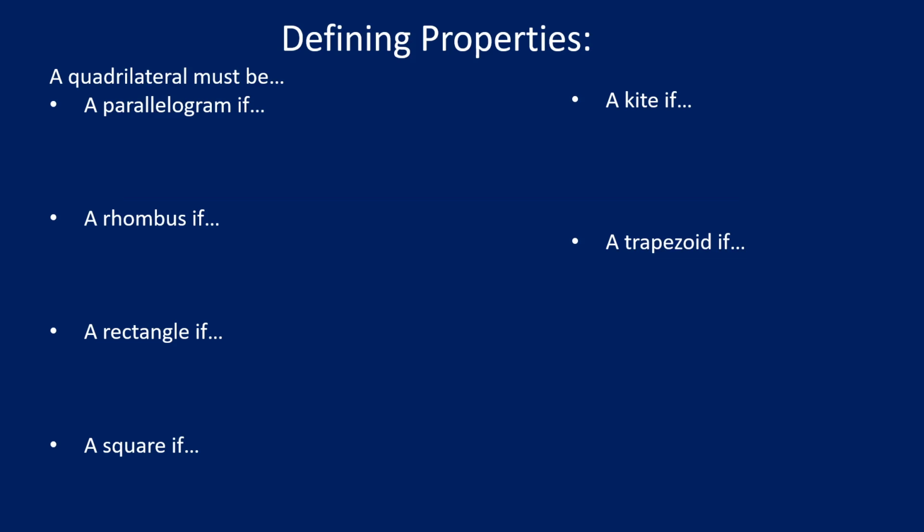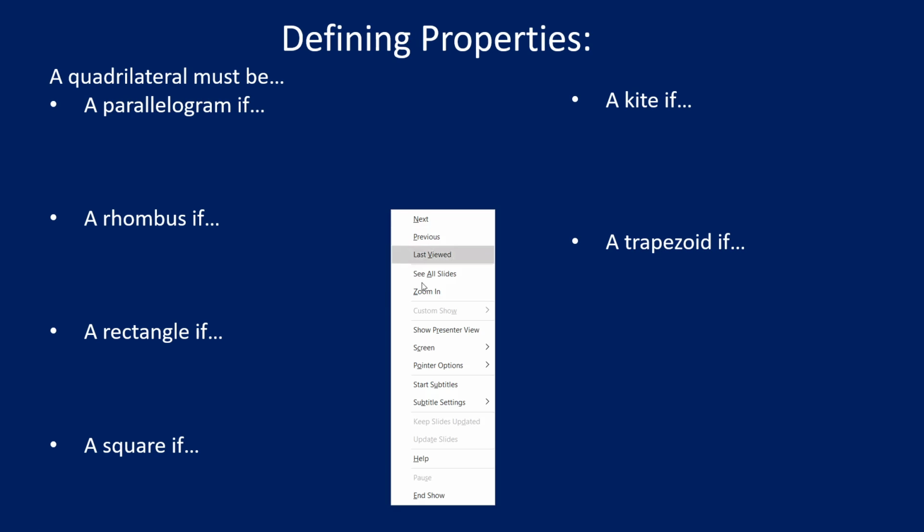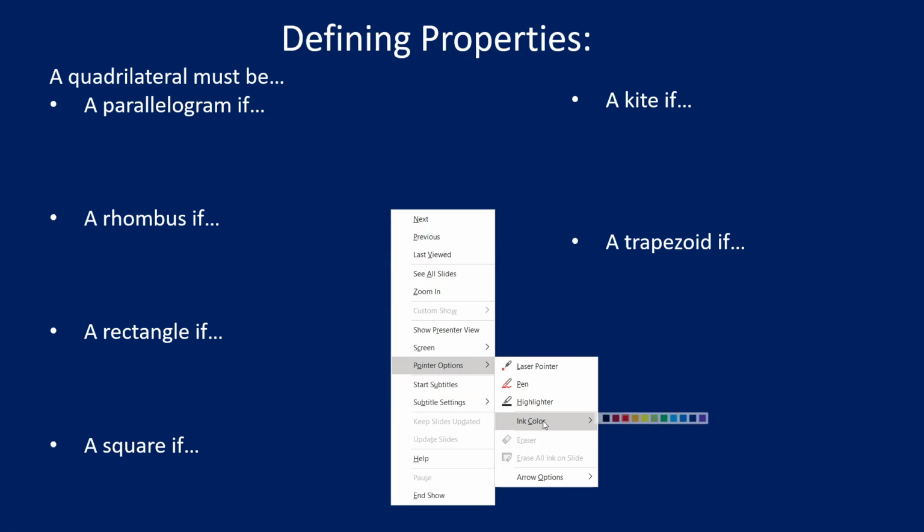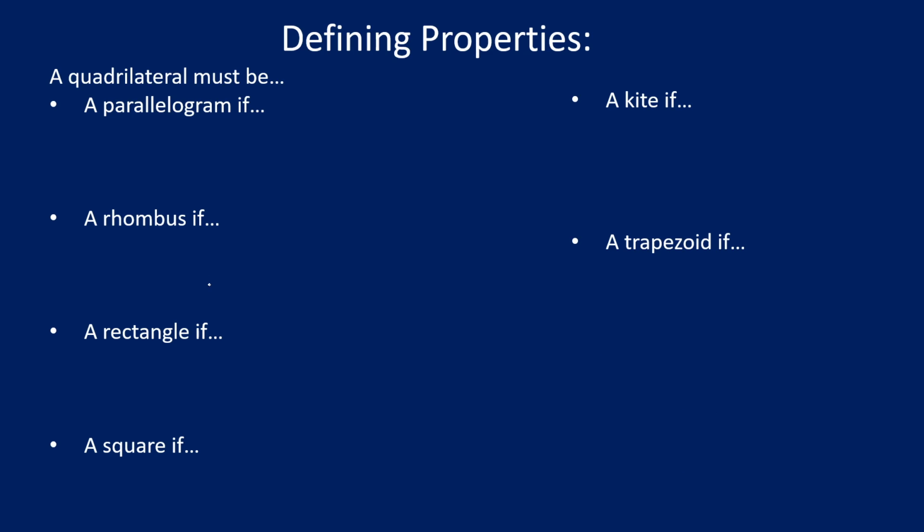The ways that we're going to decide if something is a parallelogram, there's a few different ways to do it. We could check if the slopes of the opposite sides are the same, because if they are, that would mean they're parallel to each other.